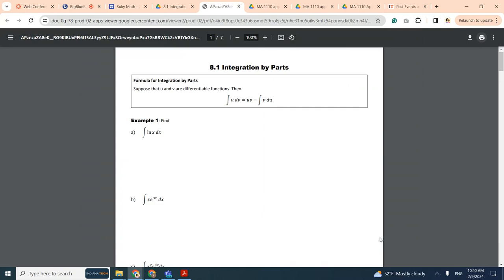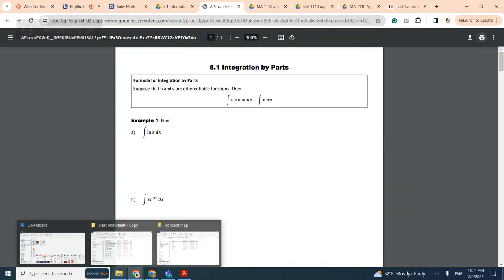All right. Okay, so session 8.1, integration by parts. In chapter 8, we're going to learn more integration techniques and more applications.